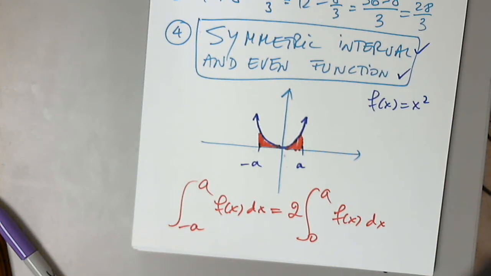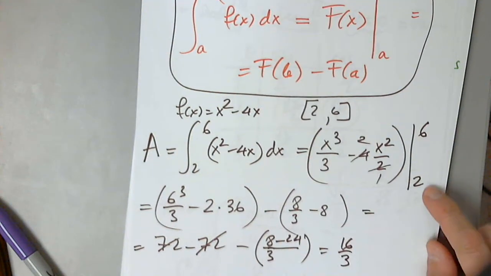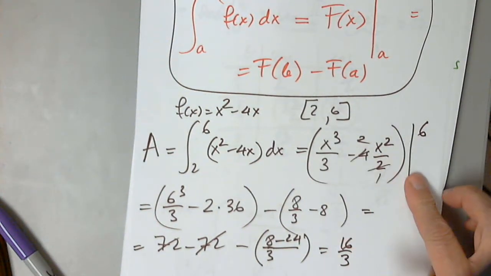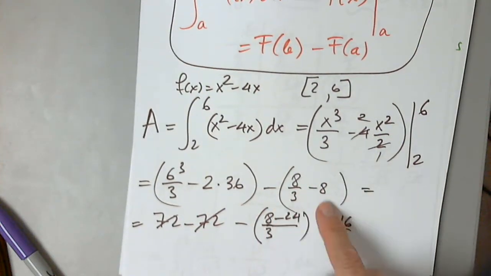Why would I ever want to do this? And here's why. When the lower limit is 0, it's always much easier to calculate. Look at what happened a few minutes ago. Wouldn't you have preferred this to be 0 and not plug anything in? In this case, we had to plug in 2, and then we had to subtract when we plug in -2.